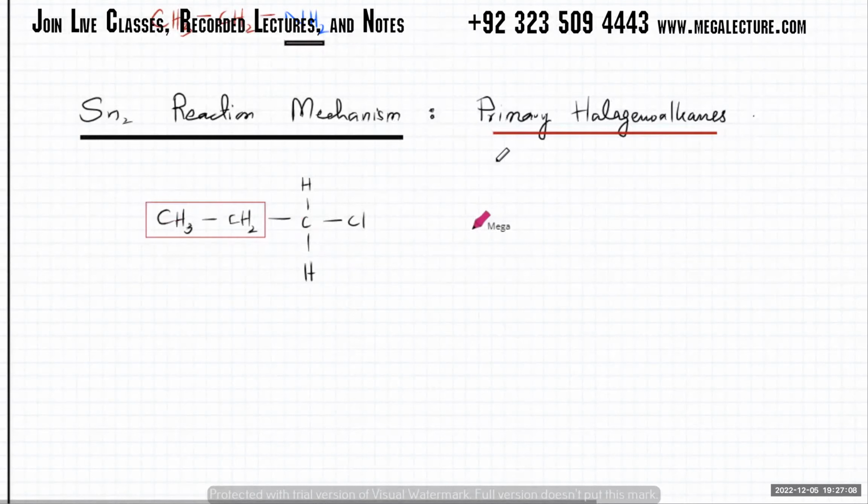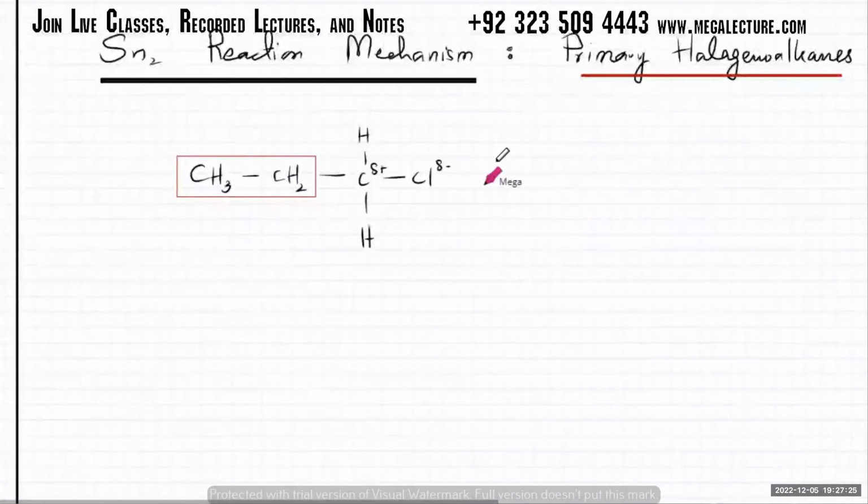This is the carbon chain that's attached to it. So this is a primary halogenoalkane. The carbon has a slight positive charge and the Cl has a slight negative charge, because it's a polar bond, there's a difference in electronegativity.